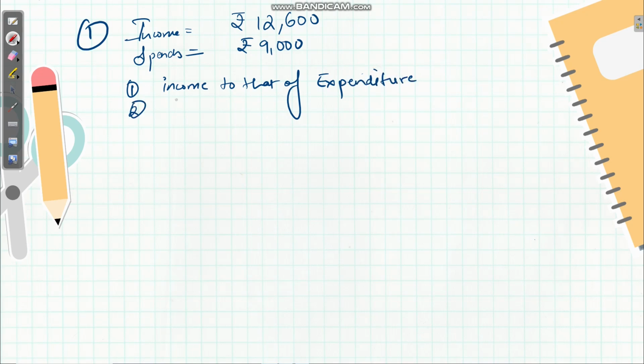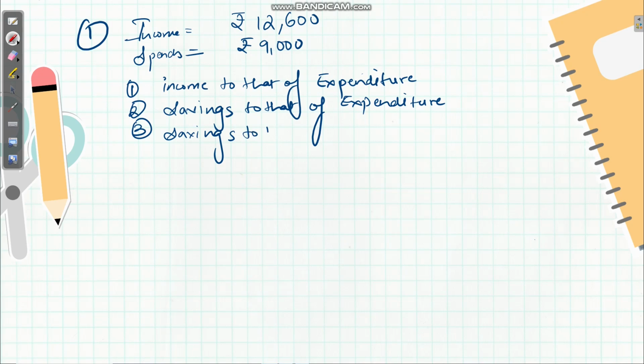The second type of question you might get is ratio of savings to that of expenditure. See, your expenditure and your spending is the same thing. Third, you might get a question like saving to that of income.